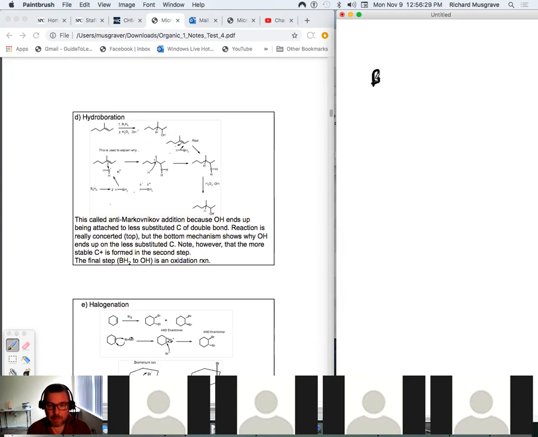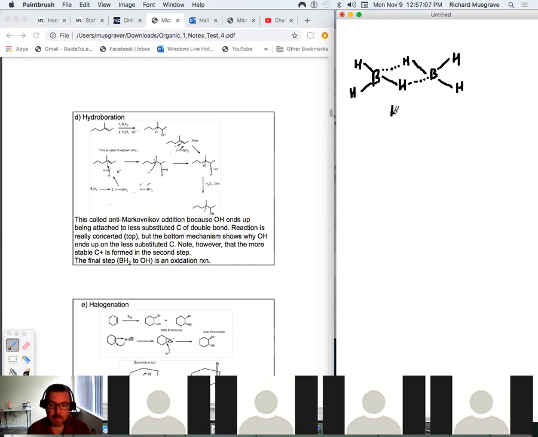I'll show you what that looks like. So you can see by its nature, the borane is actually electron deficient. It has a vacant space here that would like to fill up its octet. So what it will do is form a dimer.